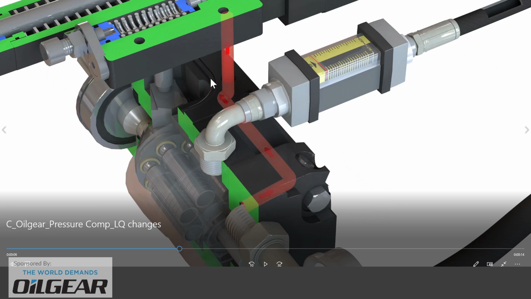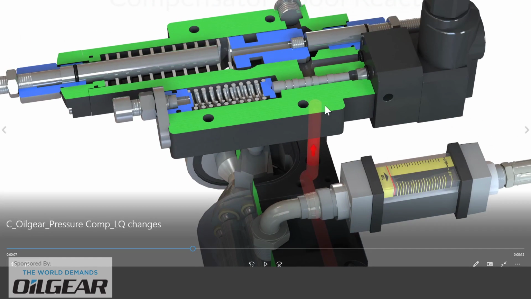In our three dimensions, we lifted the pump controller up from the surface of the pump so we could see the linkage a little bit, so a little bit unrealistic there. This gap does not exist, but it's easier for training. And that flow from the pump's outlet comes to a small passage that's sitting just about here underneath the compensator spool. So there's that adjustment I was just showing you a moment ago that lets you tension the spring for the compensator function.